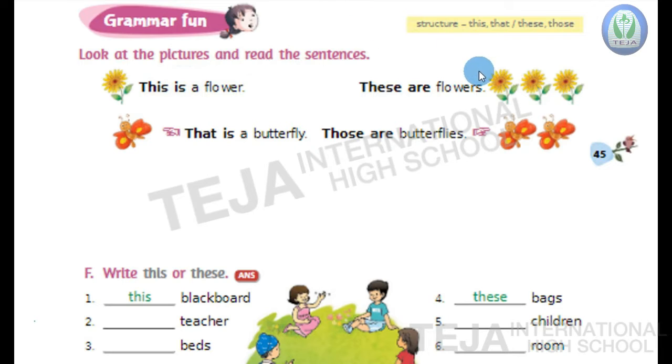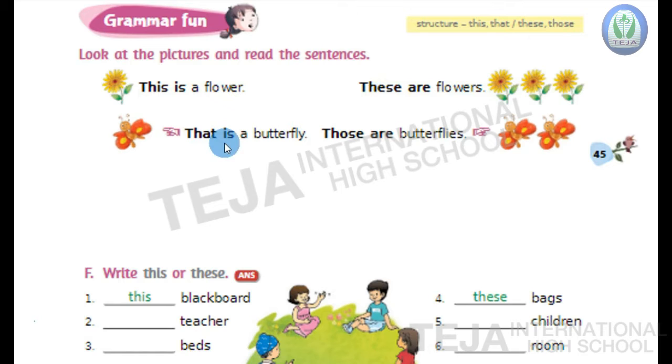If more than one is there, then we use these. Now here only one flower is there, so we use this. This is a flower. Now here, how many flowers are there? 1, 2, 3. That is more than one flower. So we use these. These are flowers.